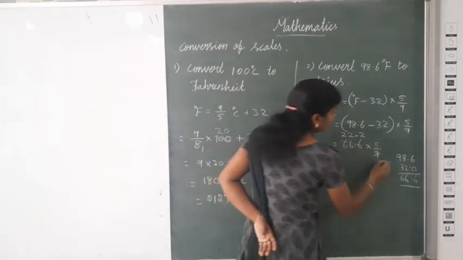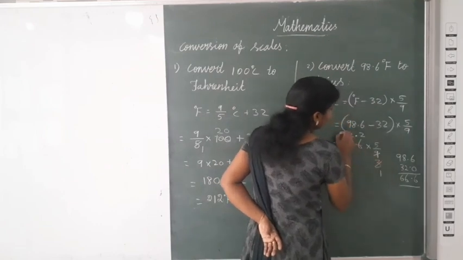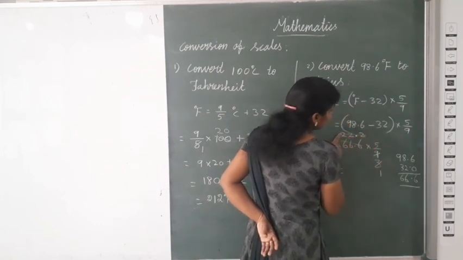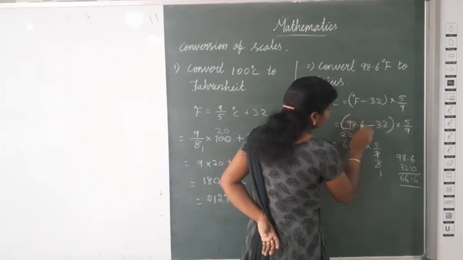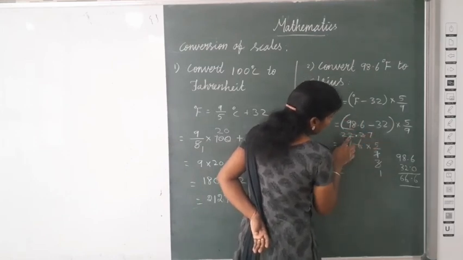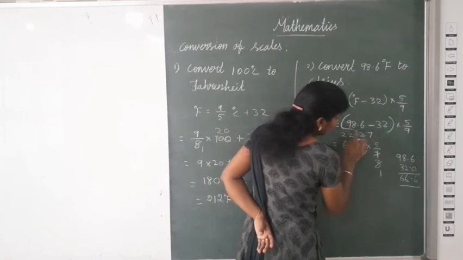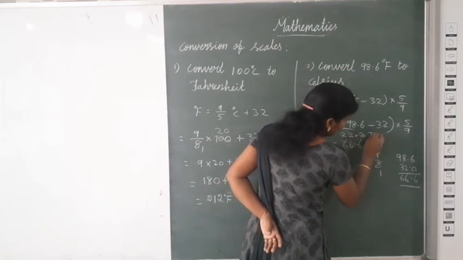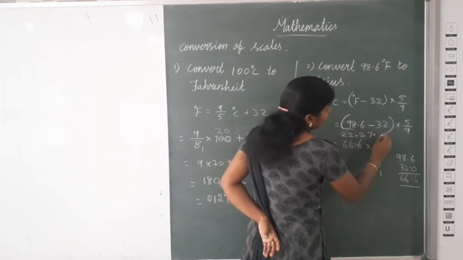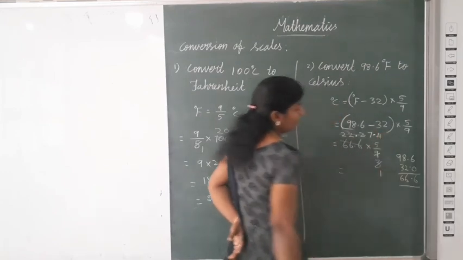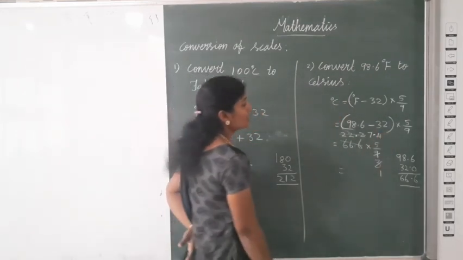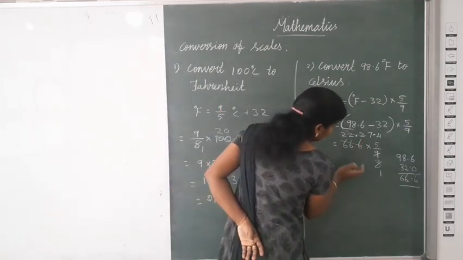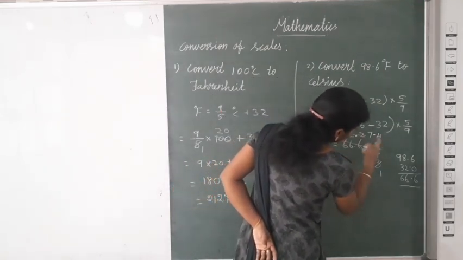Then we can use the 3 table. 1 three is 3, 7 threes are 21. 1 balance, we can add here 12. Before that we have the decimal point. 12 means 4 threes are 12.